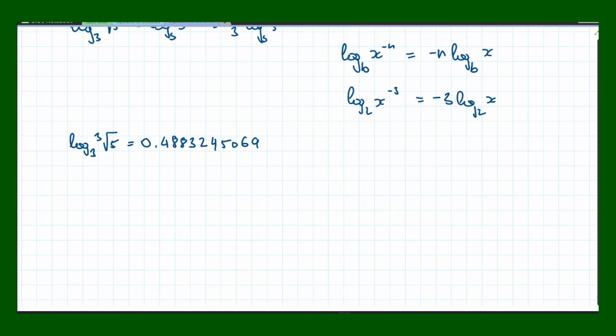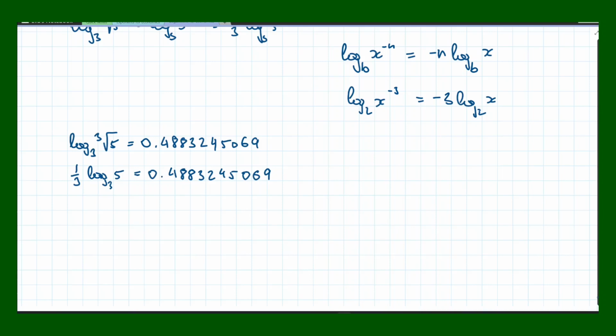Also, I can put into the calculator 1/3 of log base 3 of 5, and the calculator will give me the solution of 0.883245069. Well, that's hopeful because the calculator gives me the same solution.